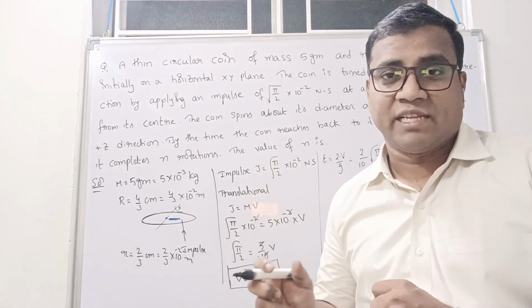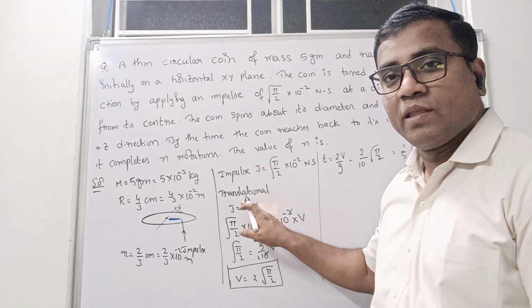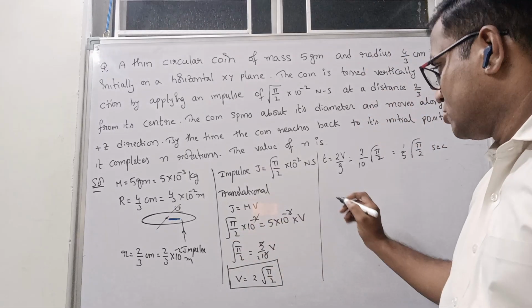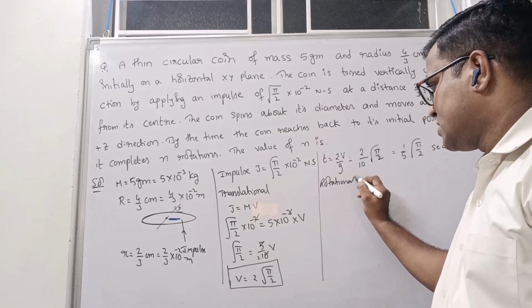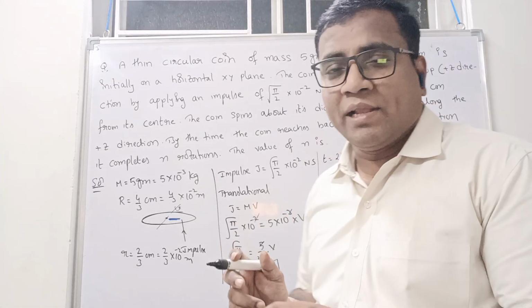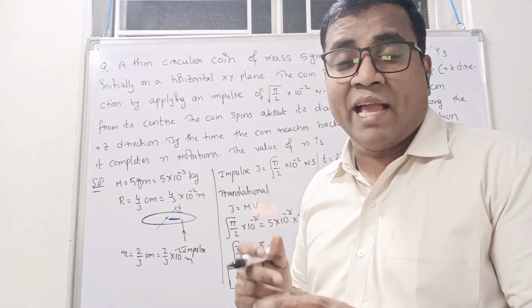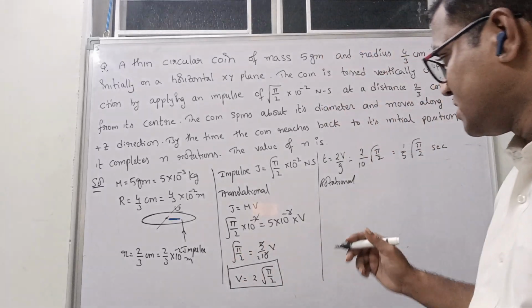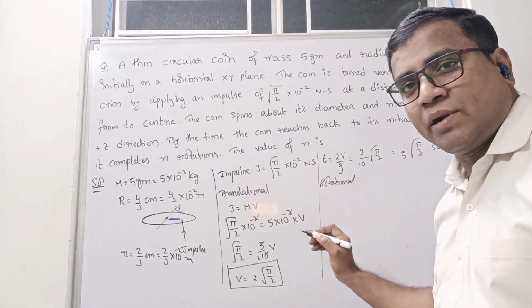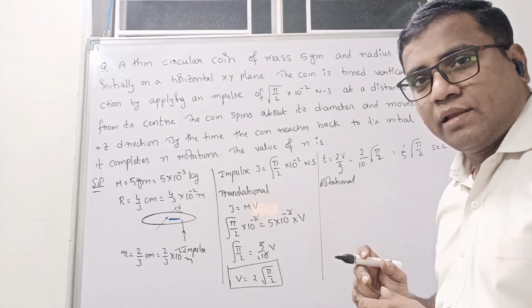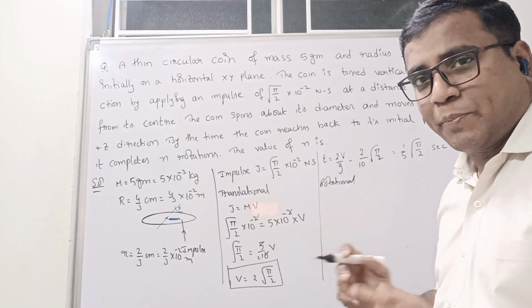This is about translational. Now we'll see rotational. Along rotational, this impulse will produce a change in angular momentum. So here the rotational impulse is nothing but the linear impulse into its perpendicular distance.